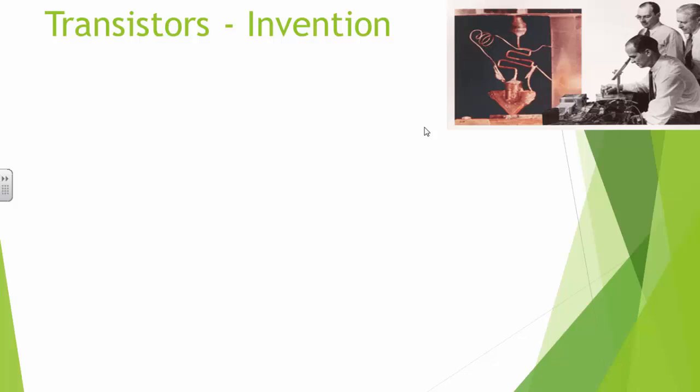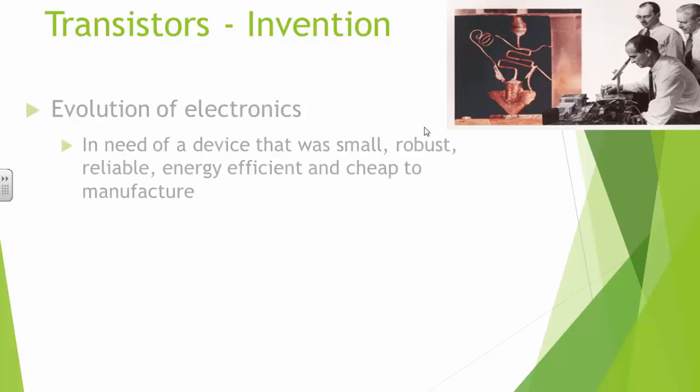But at the same time, there was a need for small, lightweight devices. And vacuum tubes were not that. So there was a clear need throughout the world of a device that was small, tough, reliable, energy efficient, and also cheap to manufacture.